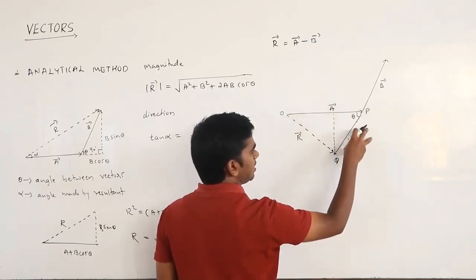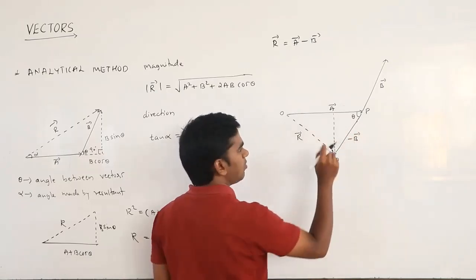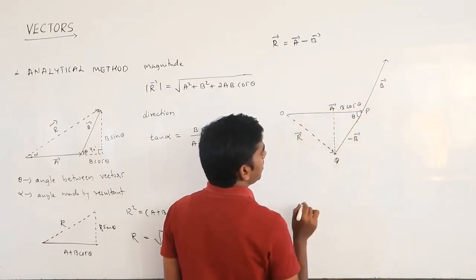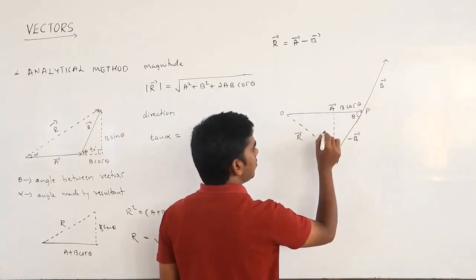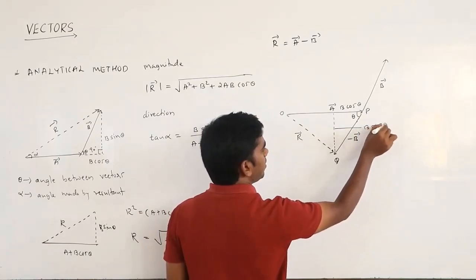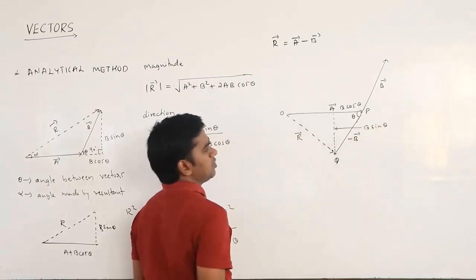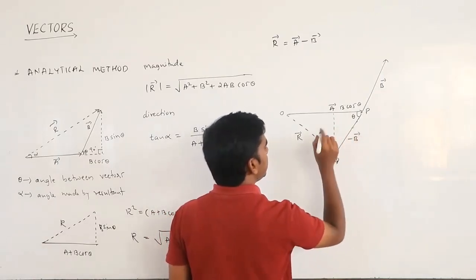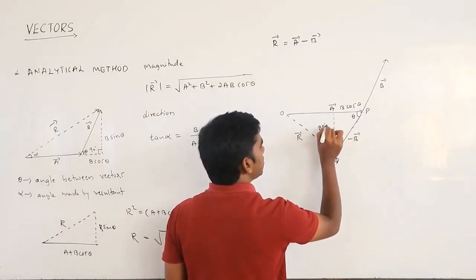No need to consider the negative sign because we are talking about the magnitude. And what about this one? This one will become B sin theta. Let me write it here only, otherwise it will be confusing. This will become B sin theta.